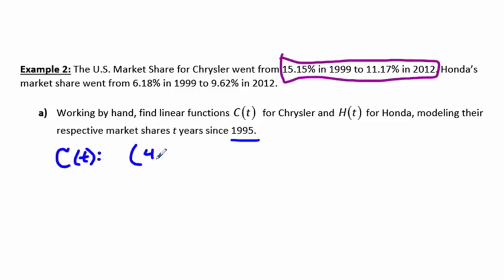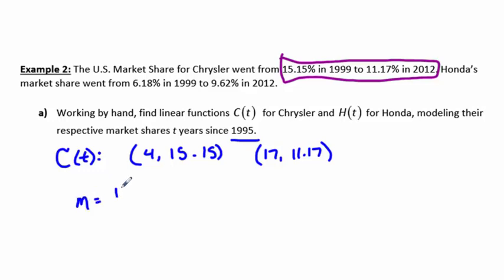So for the Chrysler model, 1999 is a year value of 4. We had a market share of 15.15%. And 2012 is a year value of 17, and the market share value was 11.17. To find this linear function, we need to first find the slope and then the intercept.